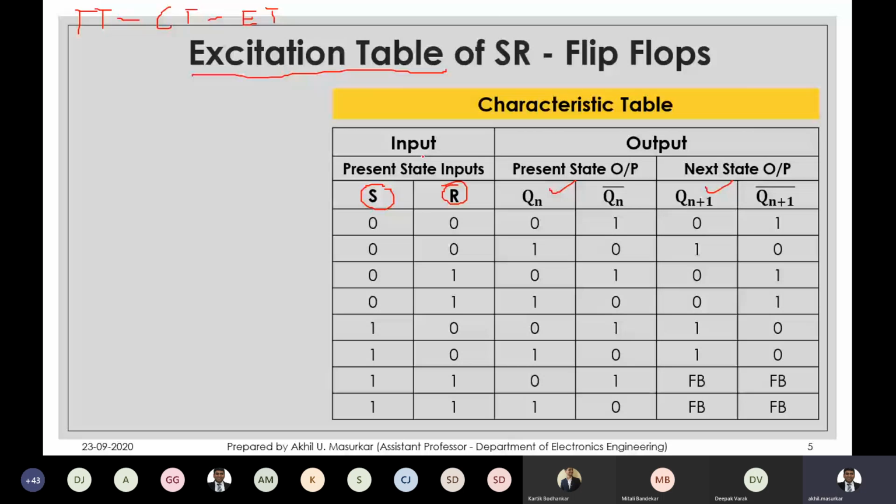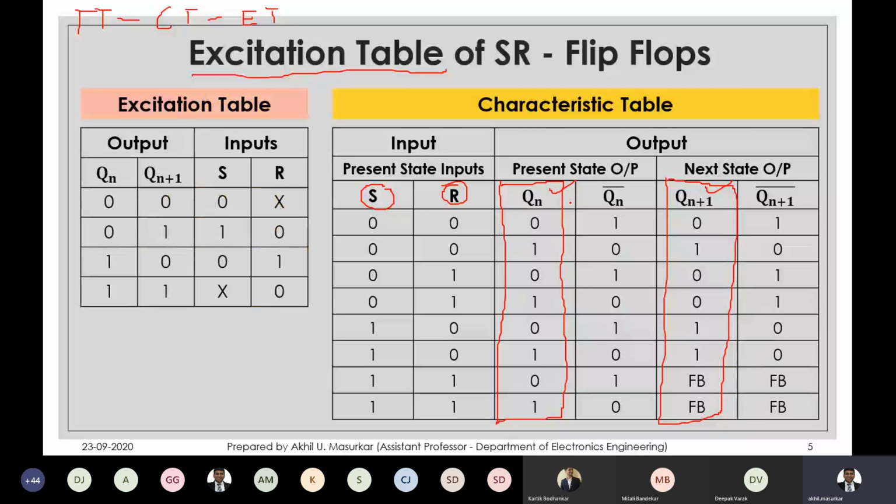So look at only the columns I have picked, Qn and Qn plus 1. Look at only these two columns. The excitation table for this flip-flop is somewhat like this.